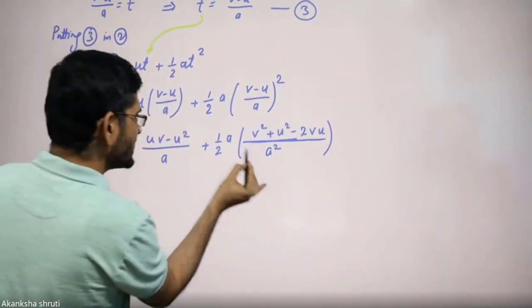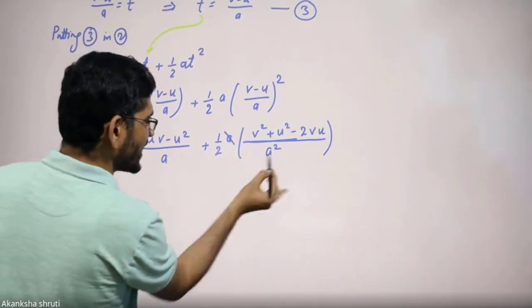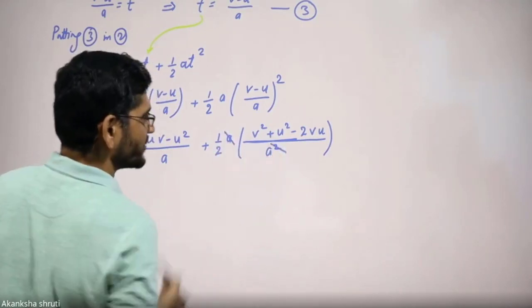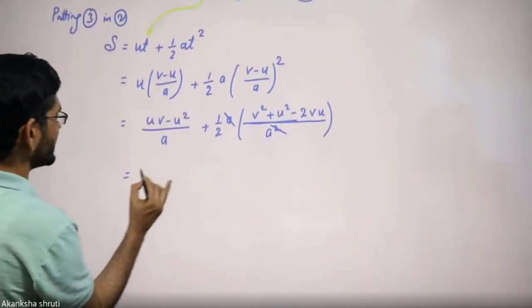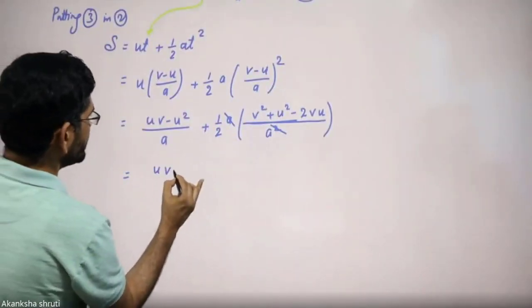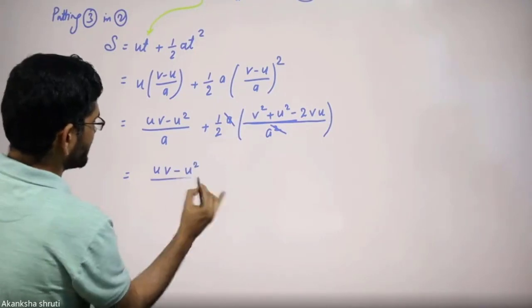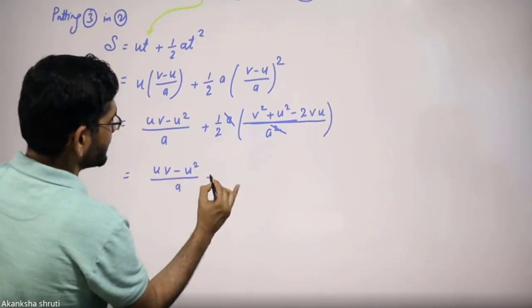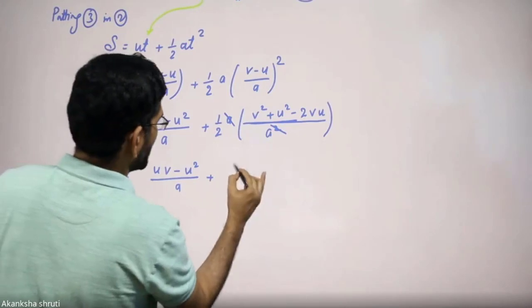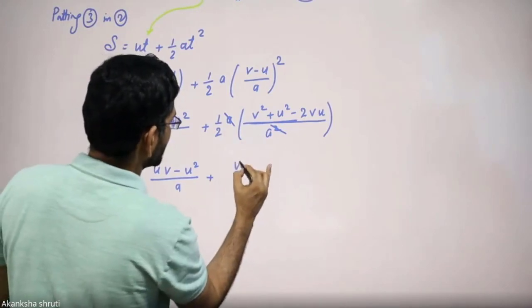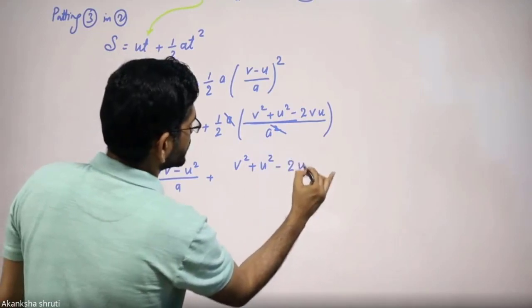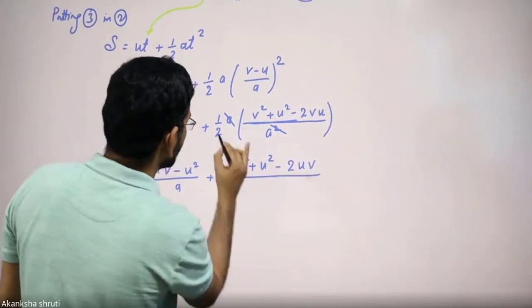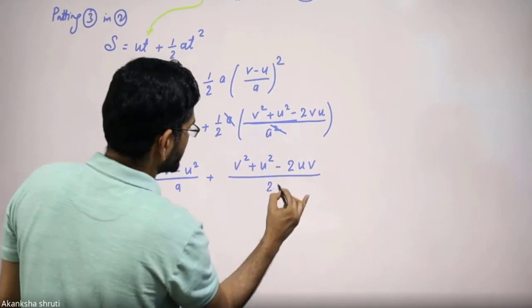Now, students, this a is outside and this a is in the denominator, so one of the a square can be cancelled. What is left is uv minus u square by a, plus v square plus u square minus 2uv by, in the denominator, this 2 and another a, 2a.